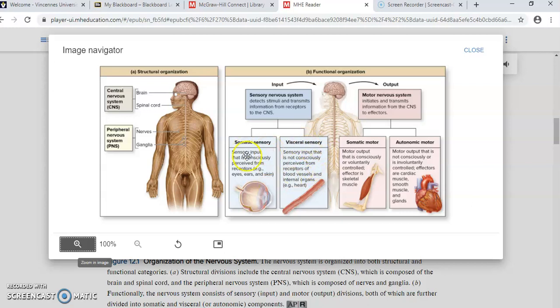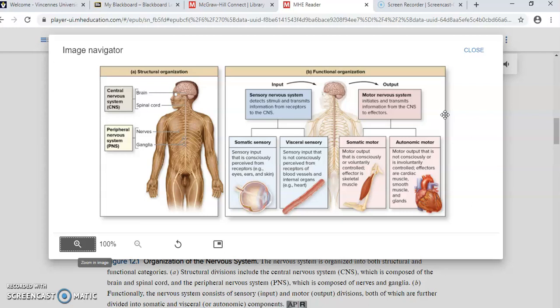All right, so those are the two types of sensory neurons that you'll see in the peripheral nervous system. And again, they're just different based on what part of the body they're bringing signals to the CNS from, so where those receptors are located. And then of the motor neurons that make up the motor division of our peripheral nervous system, it's kind of the same thing.